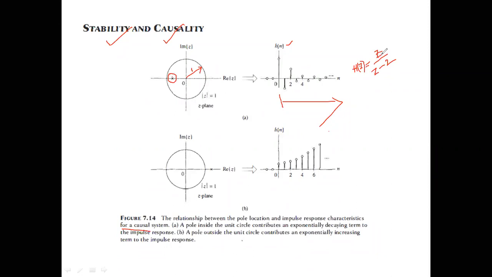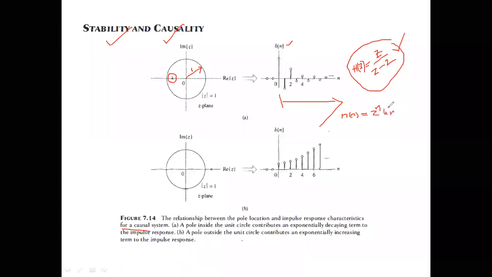Now the system represented by this transfer function, if this is causal, causal means right sided. What can be its impulse response? This can have an impulse response h of n equal to 2 to the power n into u of n, right?